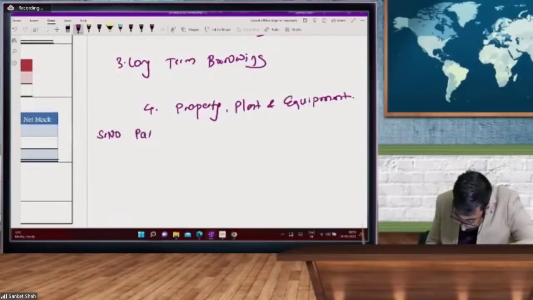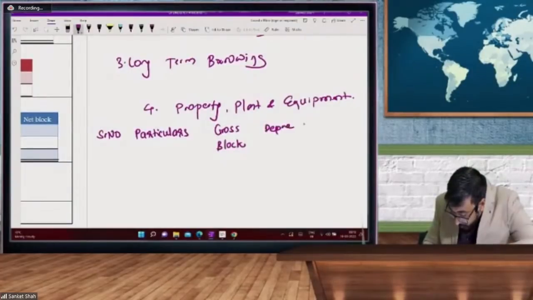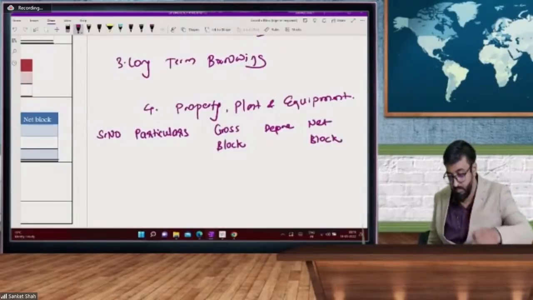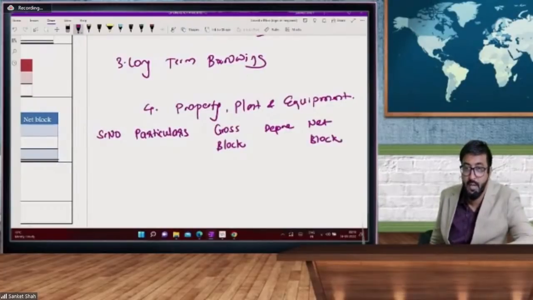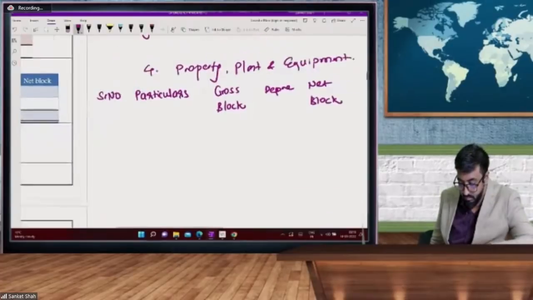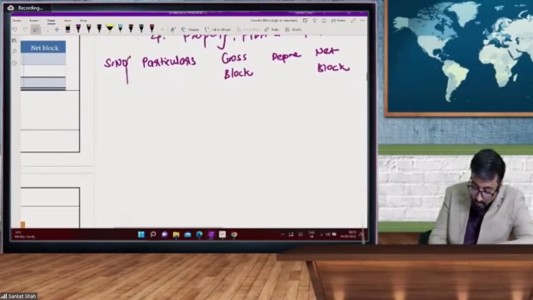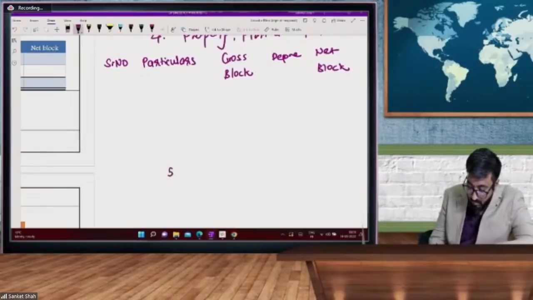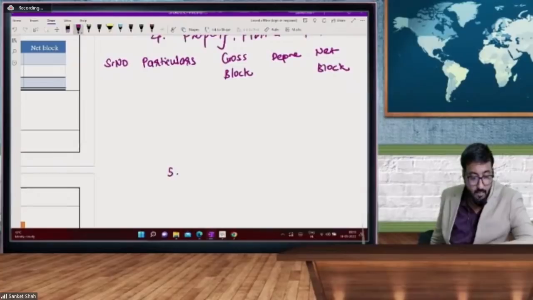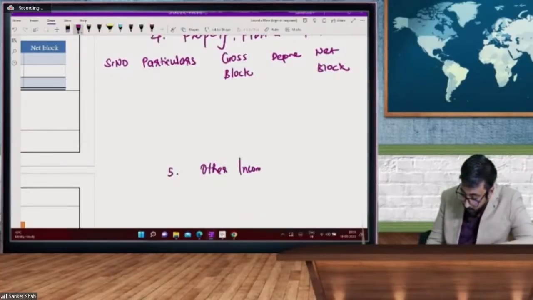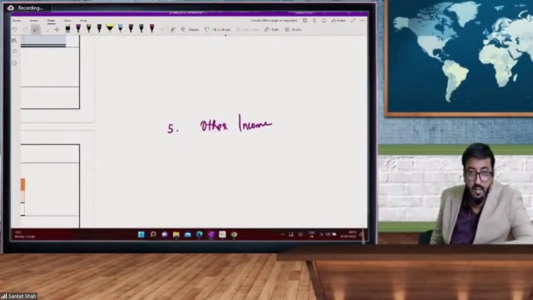Serial number, particulars, gross block, depreciation, net block. Number 5, other income.